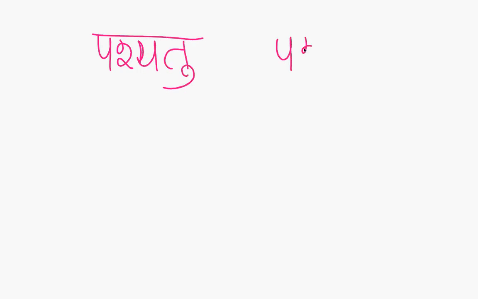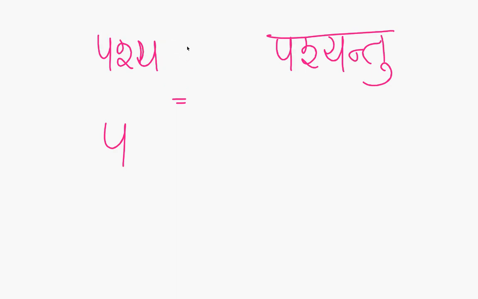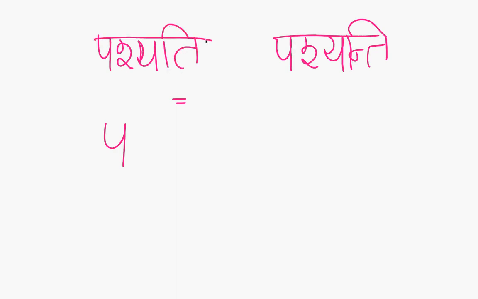In Prathama Purusha Ekavachanam we have Pashyatu, and in Prathama Purusha Bahuvachanam we have Pashyantu. Right. In Vartamana Kala, it is Pashyanti, Pashyati. So here we are replacing this ti with tu for lot lakara.